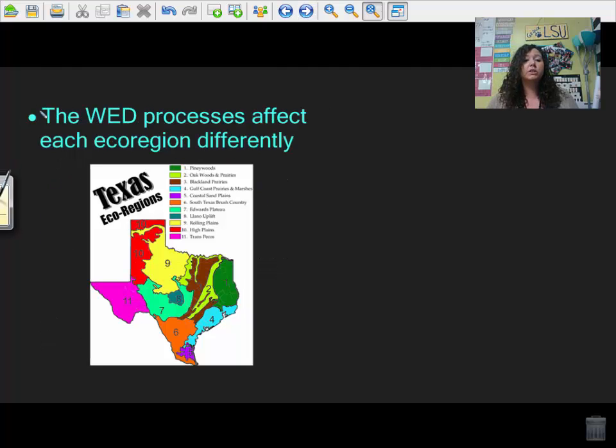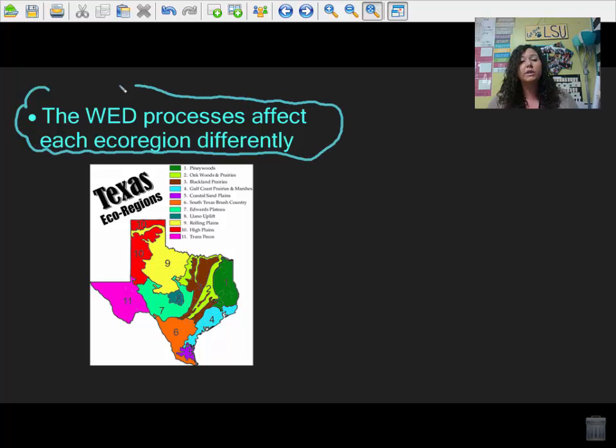And this is important to know: the WED processes affect each ecoregion differently. If we're over here along the coastline, where technically that's not an ocean, we have the Gulf of Mexico and we have our beaches here, weathering, erosion, and deposition action is going to be a lot different here than it is up where there's mountains.